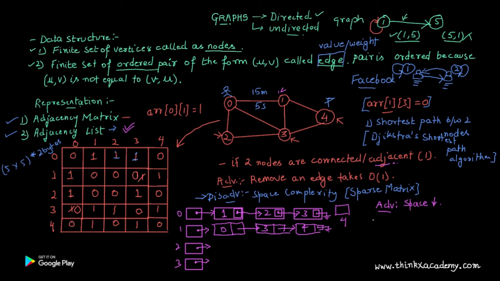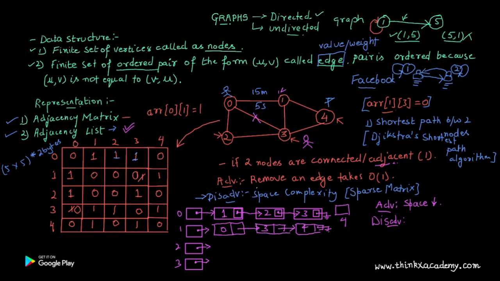But there is a disadvantage in using an adjacency list. It takes more time to delete a particular relationship between the nodes. So let's say we want to delete the relationship between 2 and 3. We do not want these two persons to remain friends.